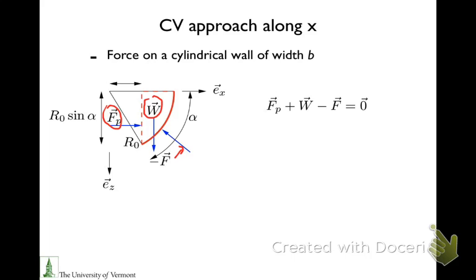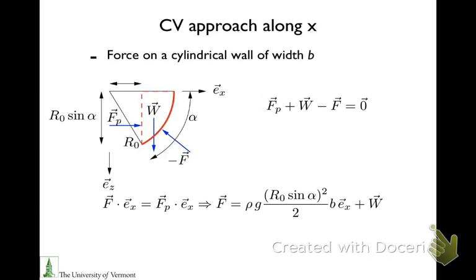The static equilibrium of a control volume is that the sum of the forces is equal to 0, obviously. Now we can move to calculating the horizontal component, projecting the sum of the forces equals 0. We realize quickly that Fp is the only component that matters.